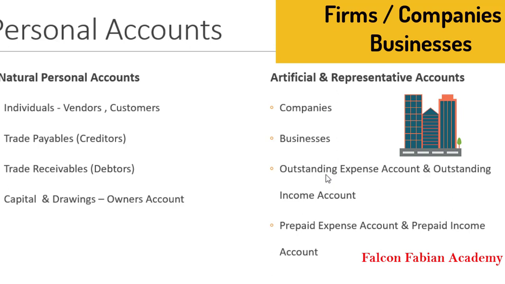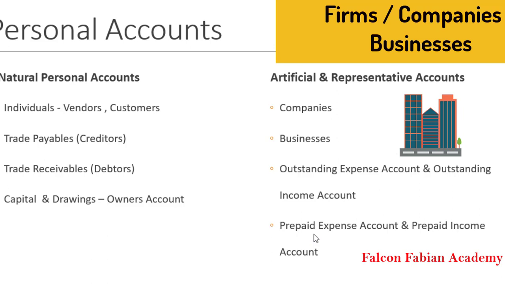Outstanding means that you've yet not paid for an expense, and outstanding income means that you have given a service or sold a product, but you've yet not received the money from them. So, outstanding expense and outstanding income would also come under personal account, and therefore the rule of personal account is going to be applied to these accounts.